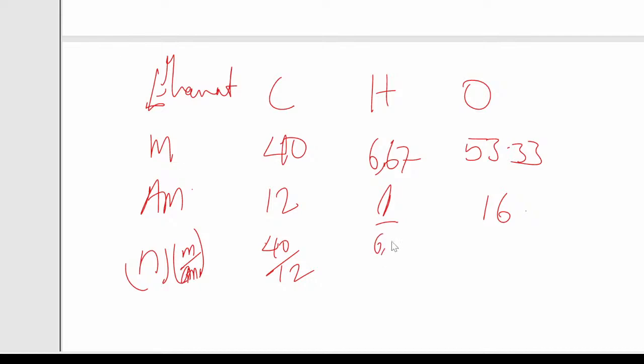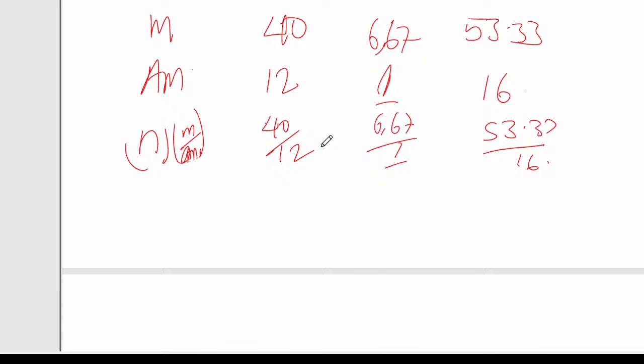So it's going to be 6.67 divided by 1, and 53.33 divided by 16. Let me check on the calculator. 40 divided by 12 gives me 3.33.